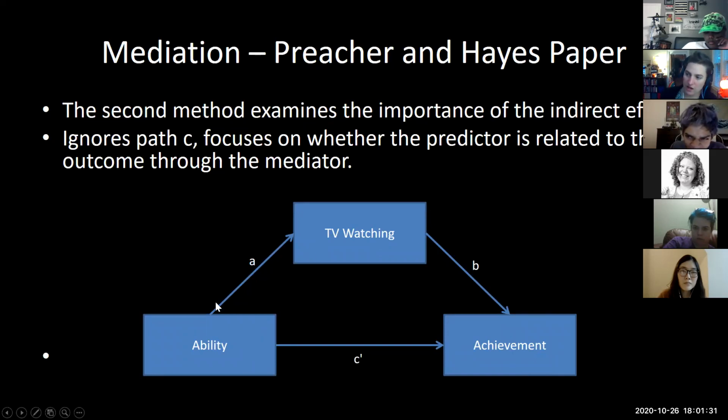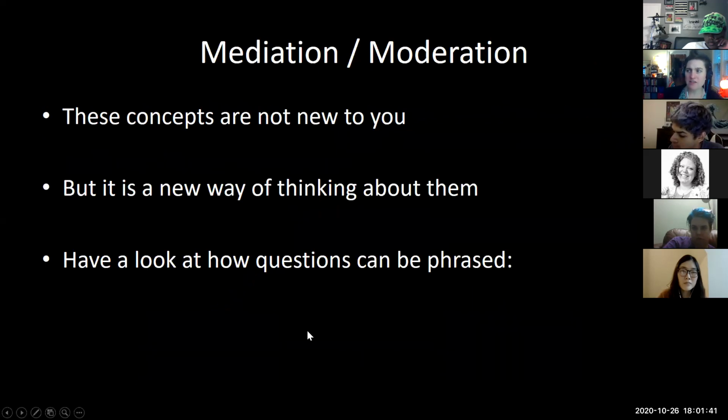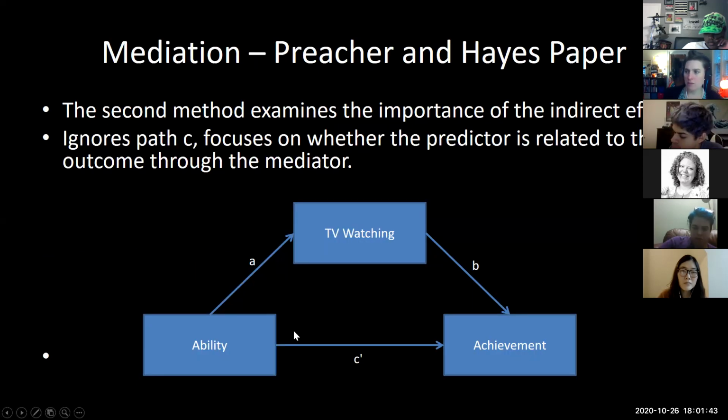So you're thinking about it in terms of how this relationship is flowing or moving through the pathways. So it's a little bit different, but it's the same. And it's the same in terms of it's just a hierarchical regression, sort of mathematically how it works out.